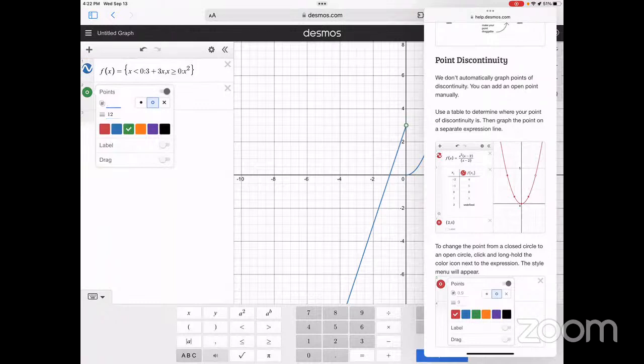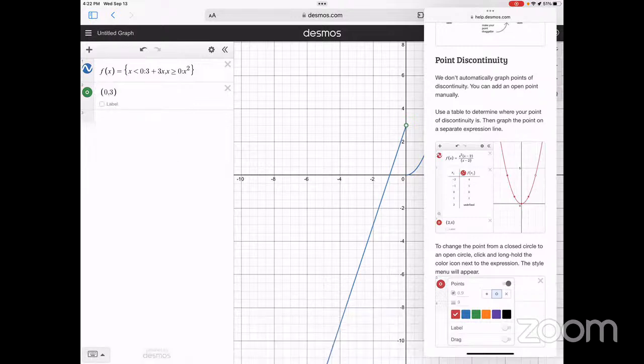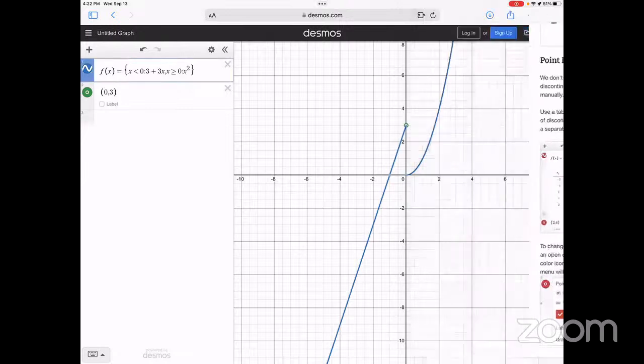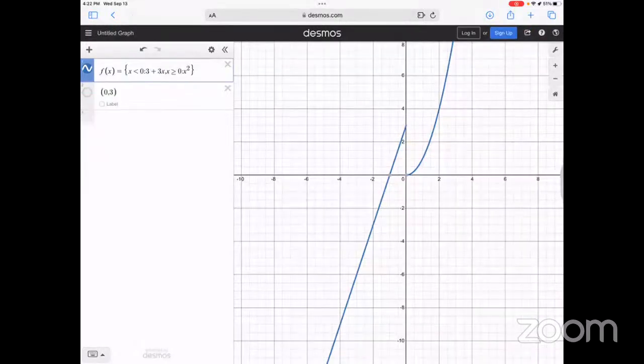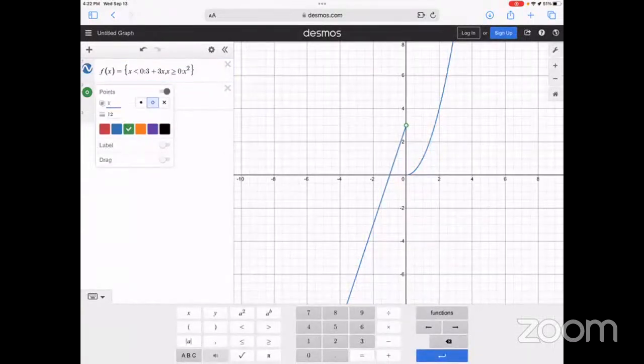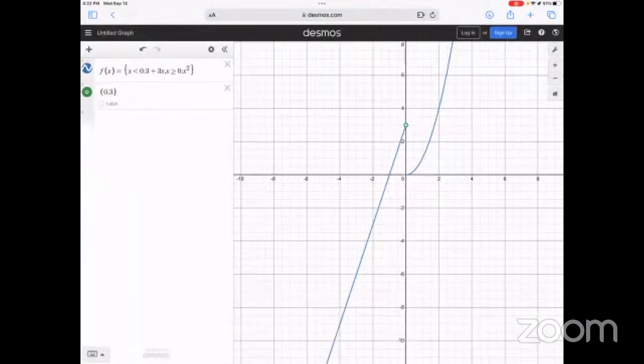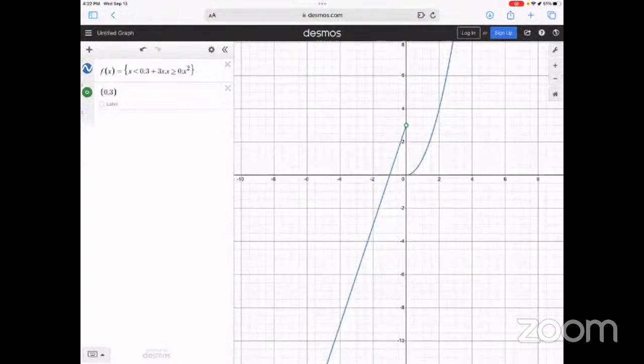That looks good. We got it. We had to remove the label. That's what was throwing it off. Let's change this to like 1. Okay, so we got an open circle for the first one, and then at the origin, let's do another.